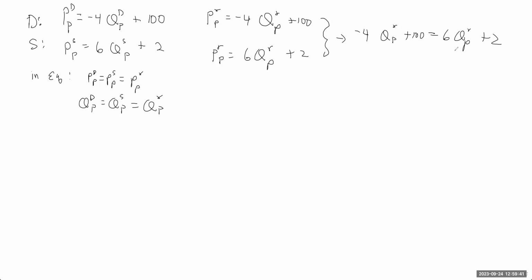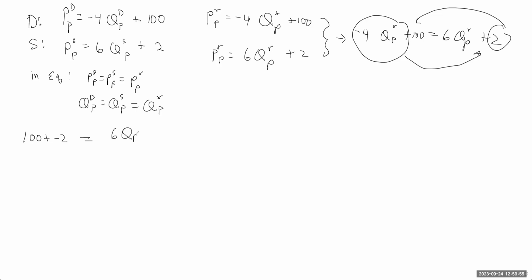Then from here, I'm going to put this on this side and this on this side. So we have 100 minus 2 equal to 6 Q star plus 4 Q star. So what is that? 98 is equal to 10 Q star. So the quantity of pizza that is being eaten is 98 over 10, which is 5.